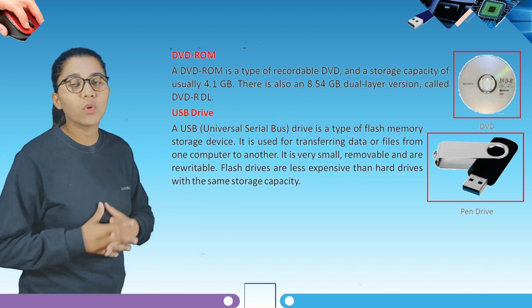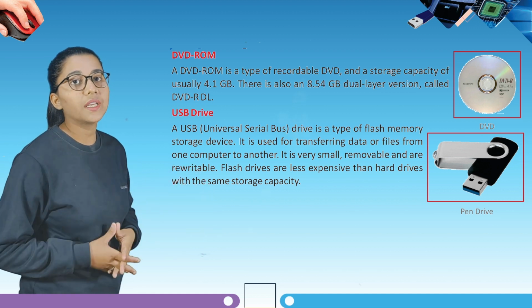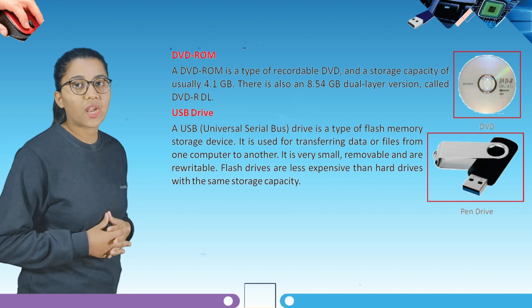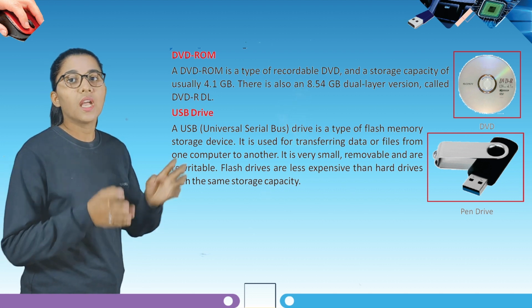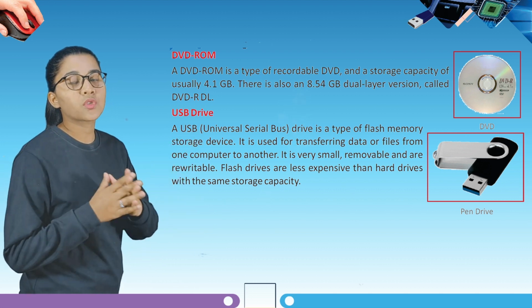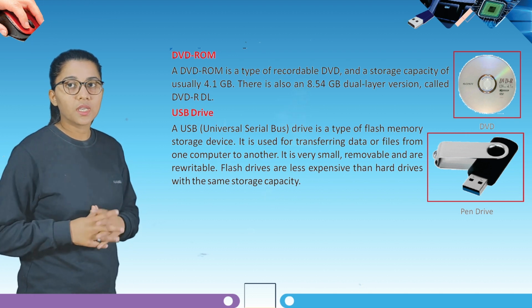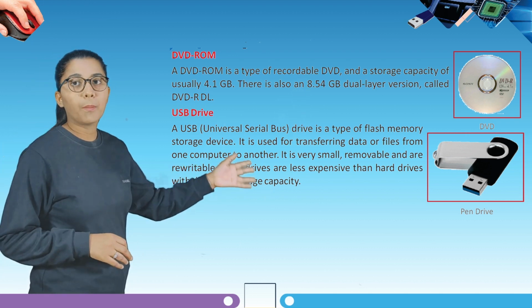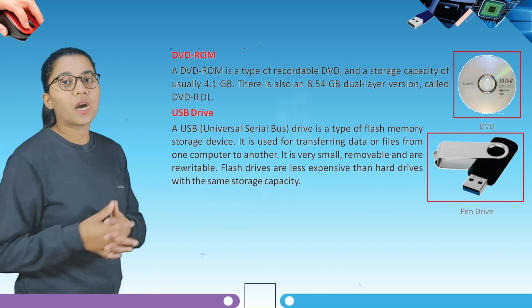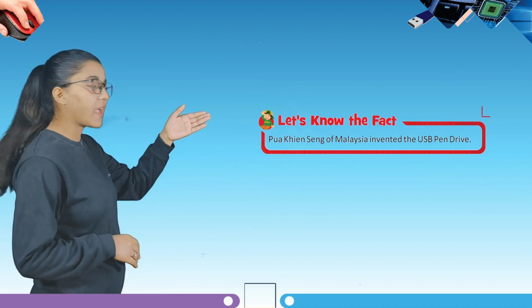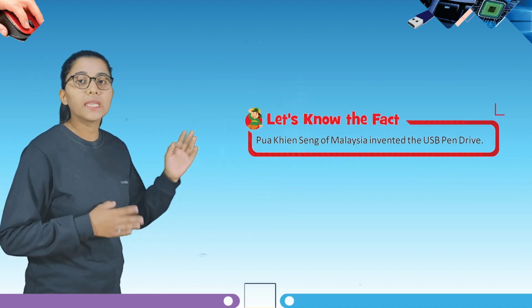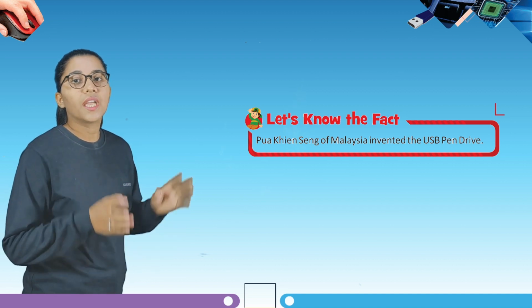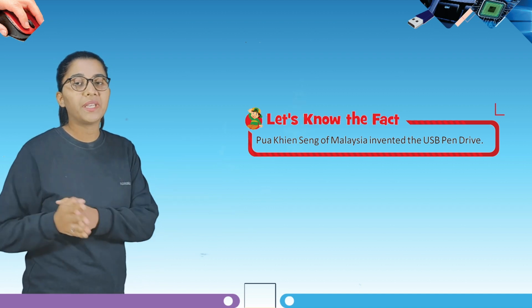It is very small, removable and rewritable. Flash drives are less expensive than hard drives with the same storage capacity. So students, here you can see the picture of a pen drive. Now it's time to know an interesting fact: Hua Keen Sang of Malaysia invented the USB pen drive.